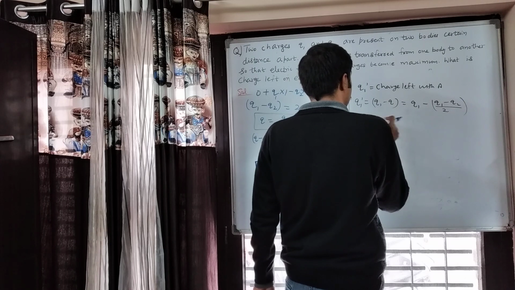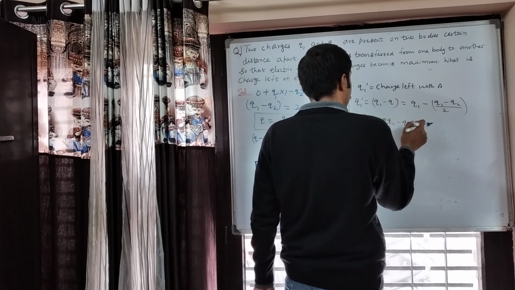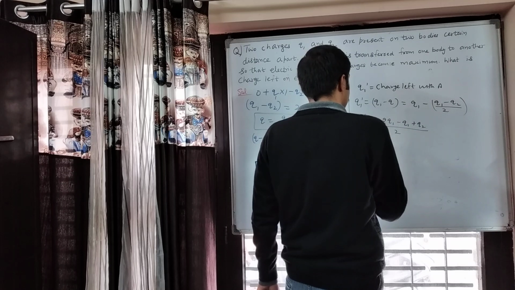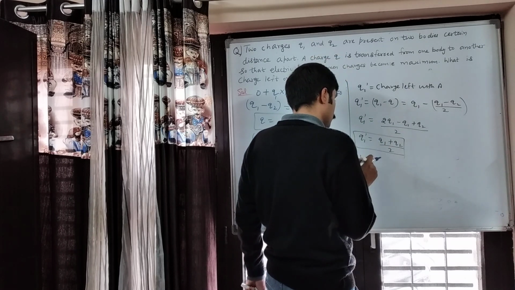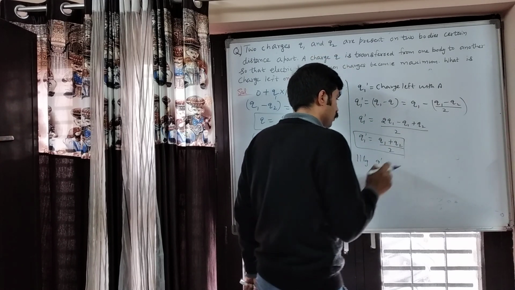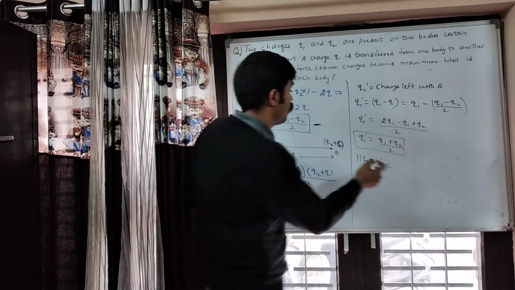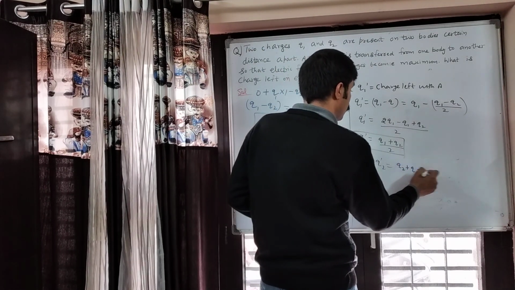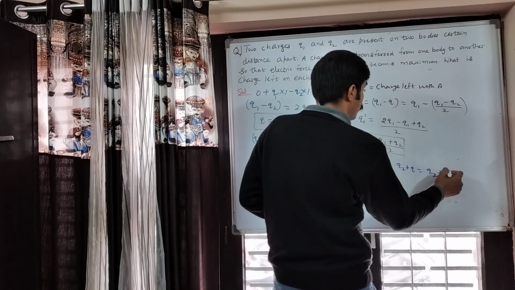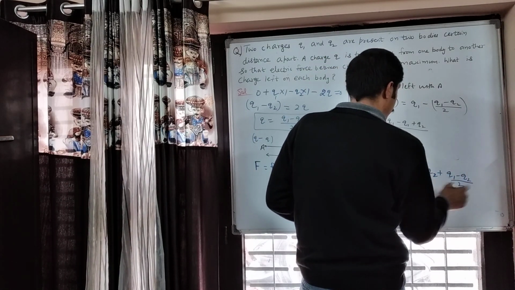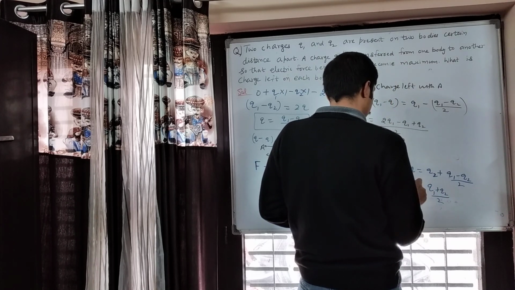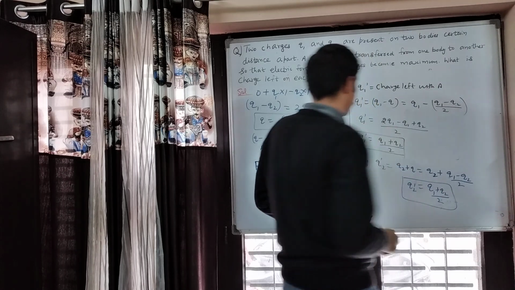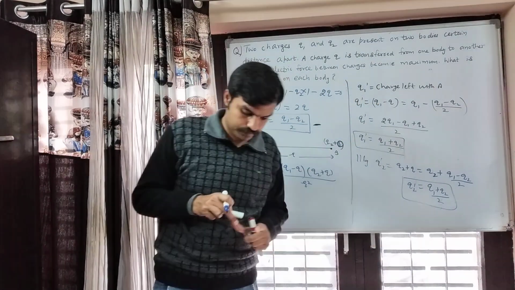So this will be equal to 2Q1 minus Q1 plus Q2 by 2. So Q1 dash is Q1 plus Q2 by 2. Similarly, Q2 dash will be equal to Q2 plus Q. Q2 plus Q1 minus Q2 by 2 will be Q1 plus Q2 by 2. This is Q1 dash, this is Q2 dash.